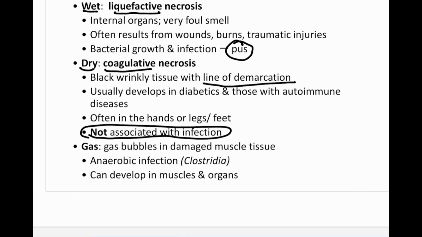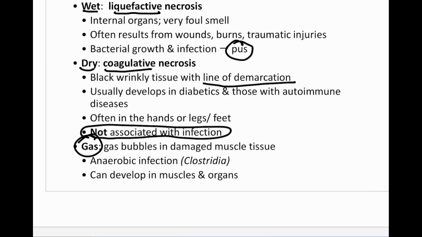The third type of gangrene is gas gangrene, where they start developing these little bubbles in their tissues. So when you guys are doing your physical exam and you're doing your soft tissue palpation and you're squeezing those muscles as you're going through, if you start hearing popping sounds in certain areas and you think they have an infection, that could be a sign of gas gangrene because you're popping those little gas bubbles, causing crackling sounds, so you may hear some snapping or popping noises as you're doing those things.